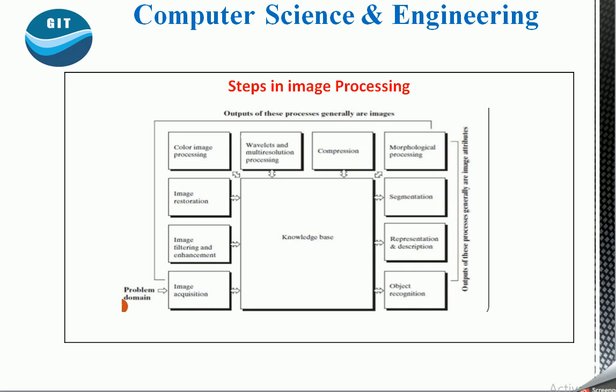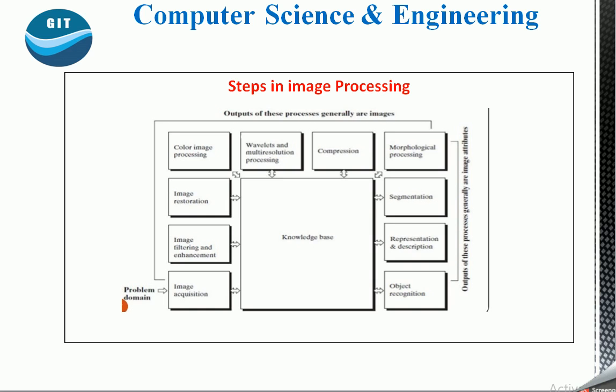Step number seven, morphological processing. It deals with tools for extracting image components that are useful for representation and description of shape. Step number eight is segmentation. Segmentation is the process in which images are divided into small segments so that we can extract more accurate image attributes.